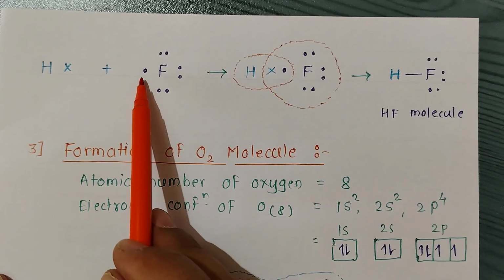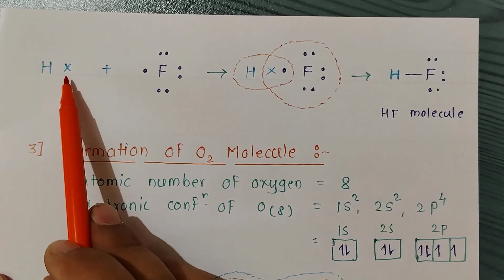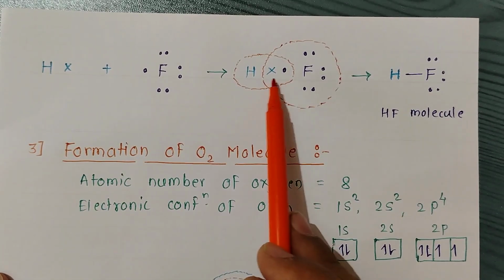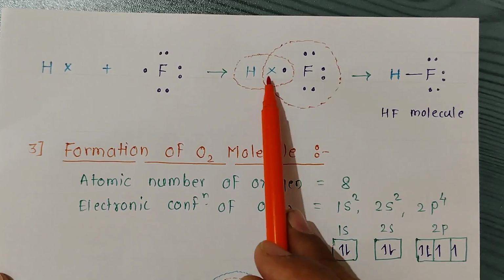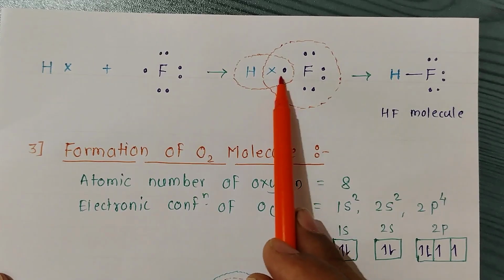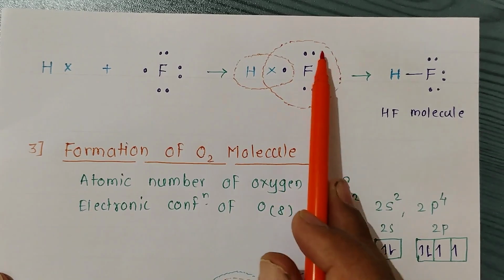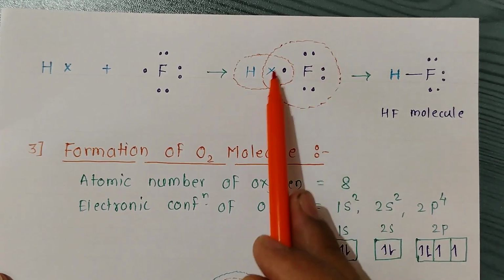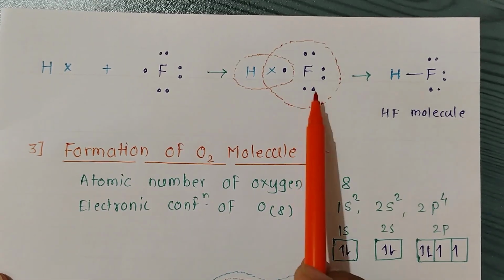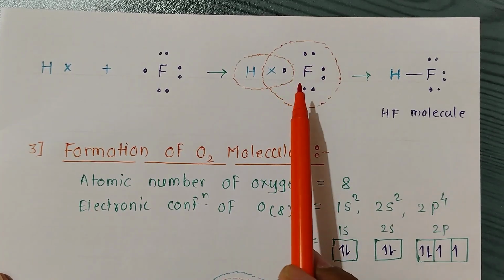So this single unpaired electron of fluorine and the electron of hydrogen, both share their one electron to form one bond. This is a sharing of electrons: when hydrogen shares its electron and fluorine shares its electron, hydrogen gets 2 electrons in the shell, and fluorine also gets a complete octet, because fluorine needed one electron to complete its octet. So in fluorine 2 plus 2 plus 2 plus 2 means total 8 electrons are filled.